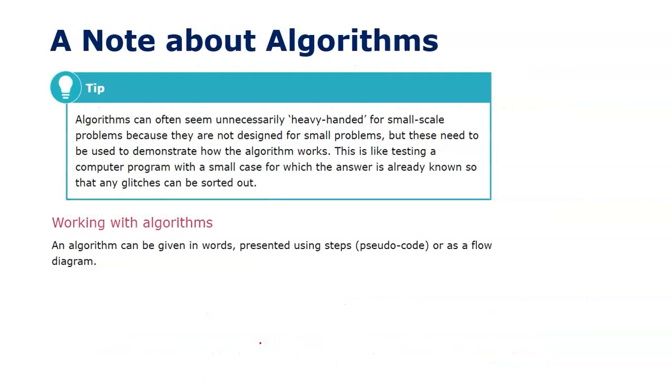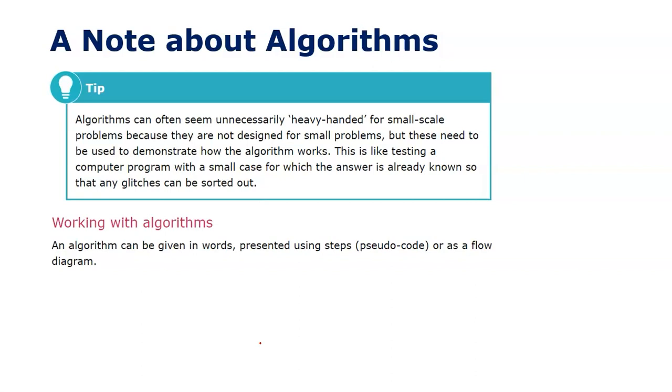So one final thing, and it links to what I was just saying. What we end up doing in class and in the exams is we get these little problems which seem, as it's defined here, to be heavy-handed. Heavy-handed as in you look at it and go, I can see what the answer is.